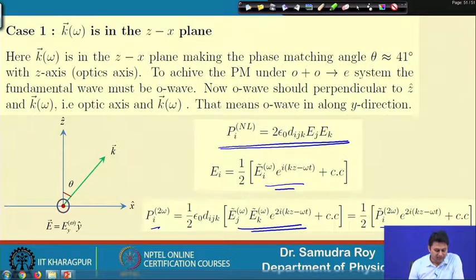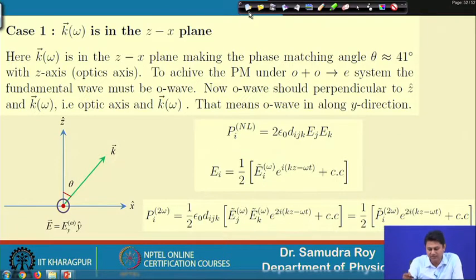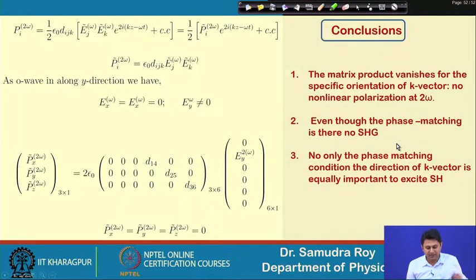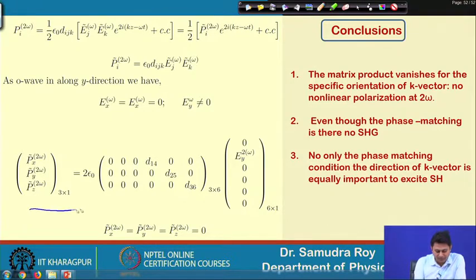The orientation of the k is making a phase matching angle, but it is in the xz plane. The question is, if this is the orientation, whether we are really going to get any kind of second harmonic or not. Once we have the knowledge of my d matrix, one can readily find out the matrix form of the second harmonic, that we have already shown in this class.